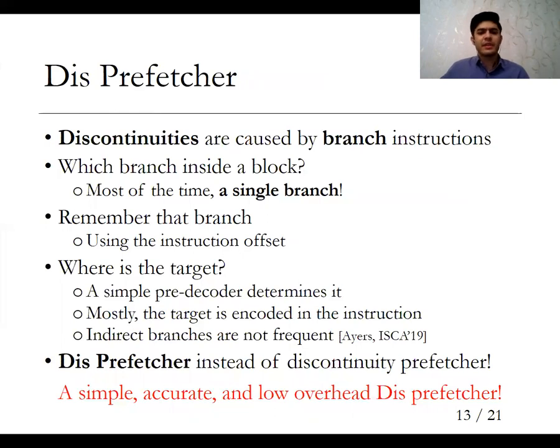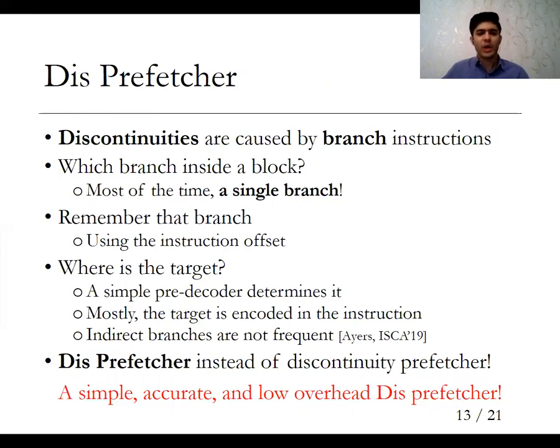The key point in designing this prefetcher is that discontinuities are the result of branch instruction execution. Consequently, by knowing the branch instruction, its target can be prefetched to eliminate discontinuity misses. While each instruction block can hold multiple branches, we found that most of the time there is a single branch inside of the block that causes discontinuity misses.